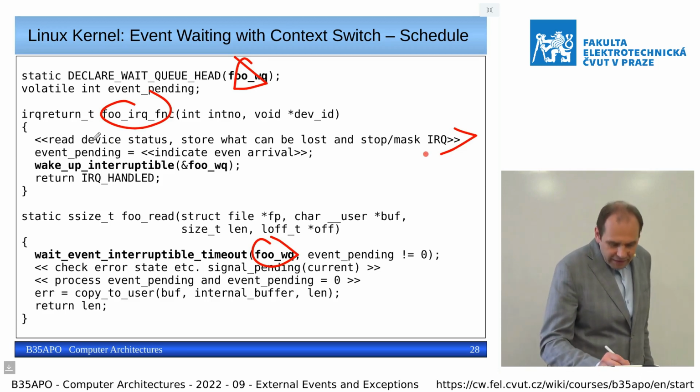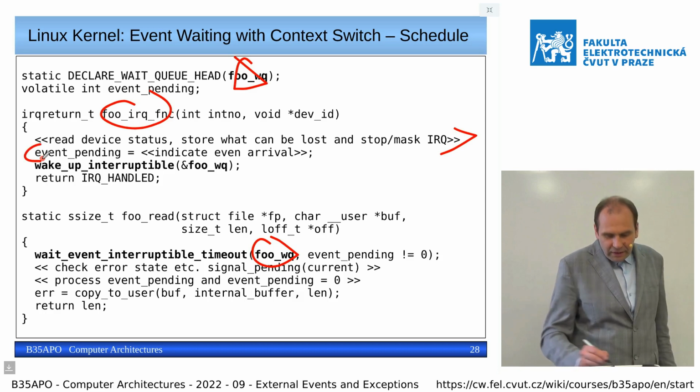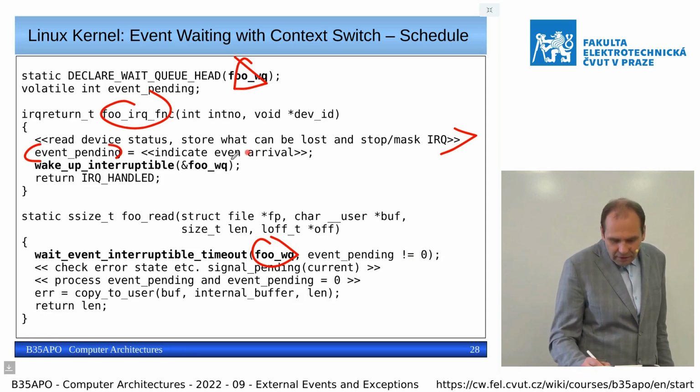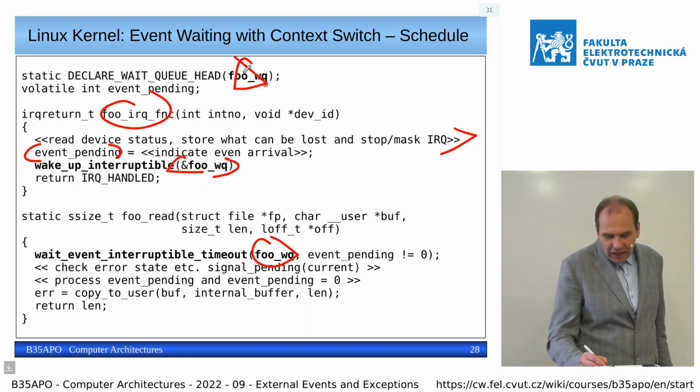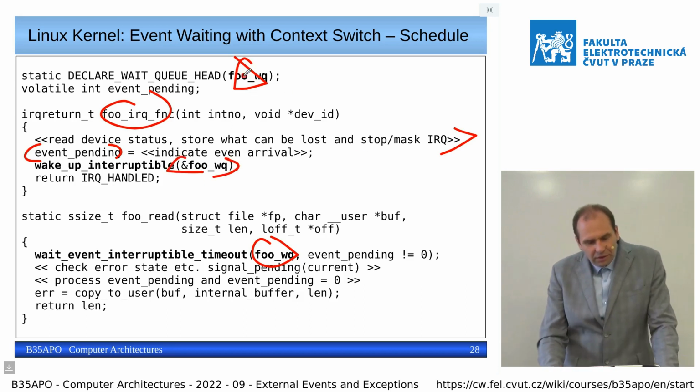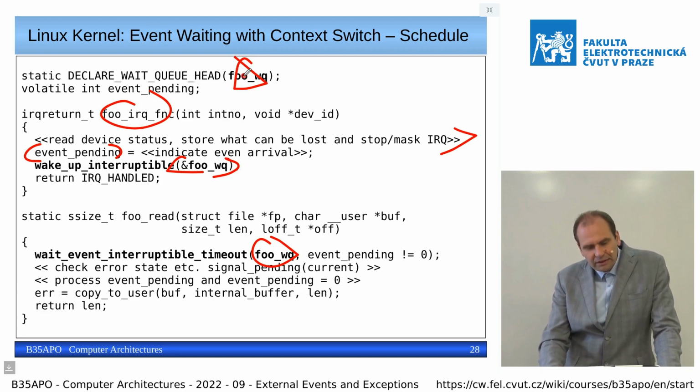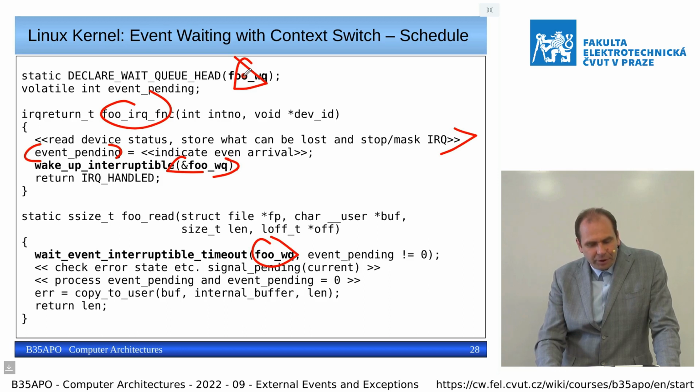And at the end, it says, okay, the event is pending, and notifies all tasks which are waiting on the wait queue that they should be woken and process the data.